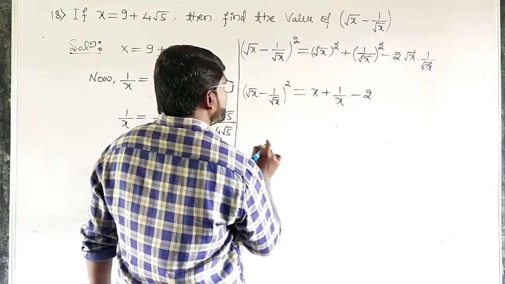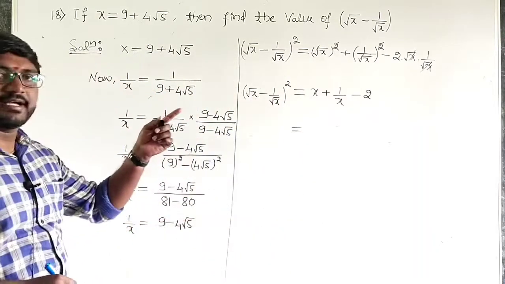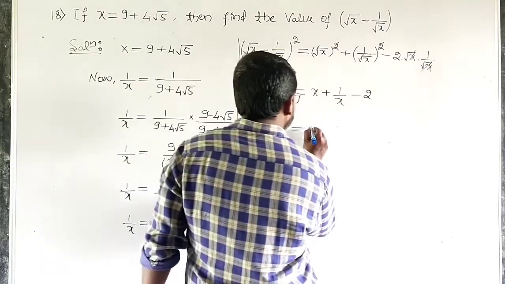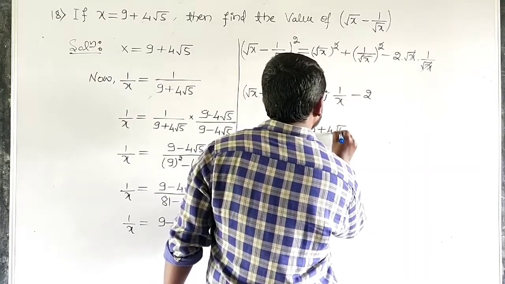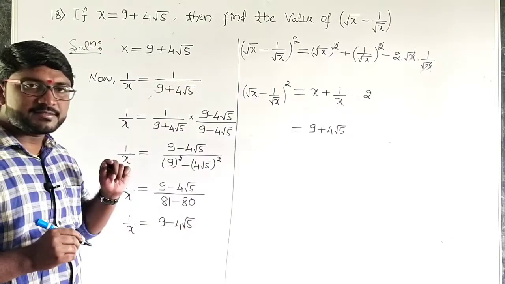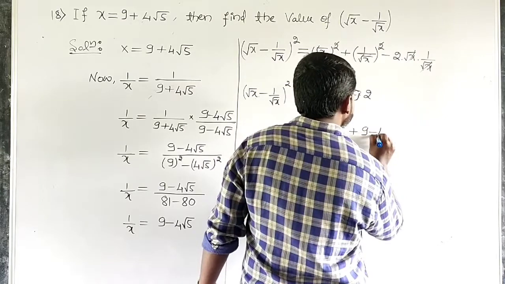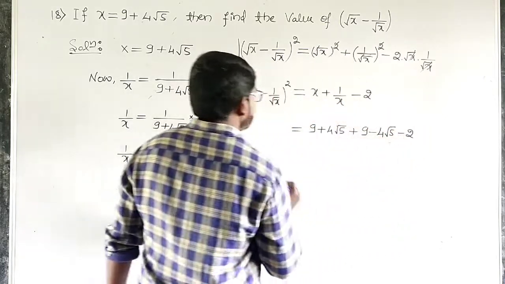So now in the next step we have to substitute the values of x and 1 by x. The x value is 9 plus 4 root 5, then plus the 1 by x value, which is 9 minus 4 root 5, then minus 2.